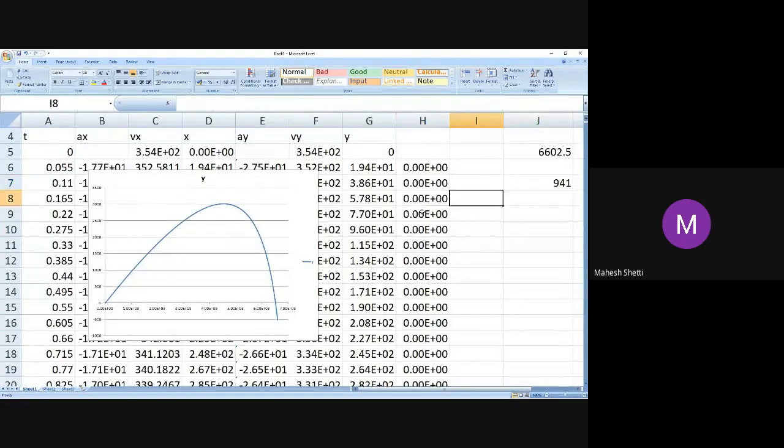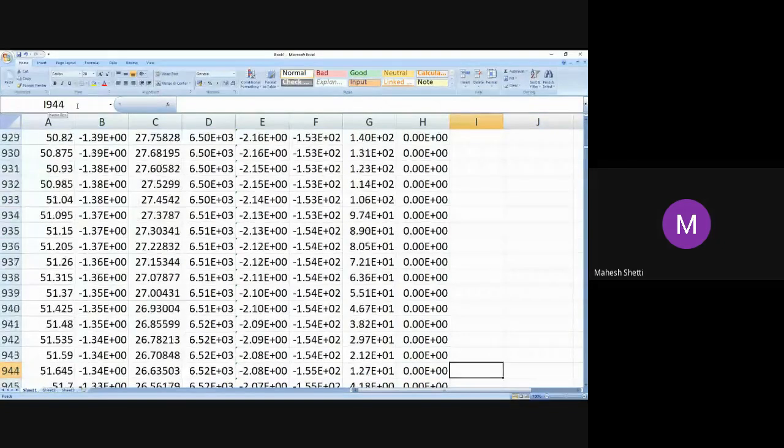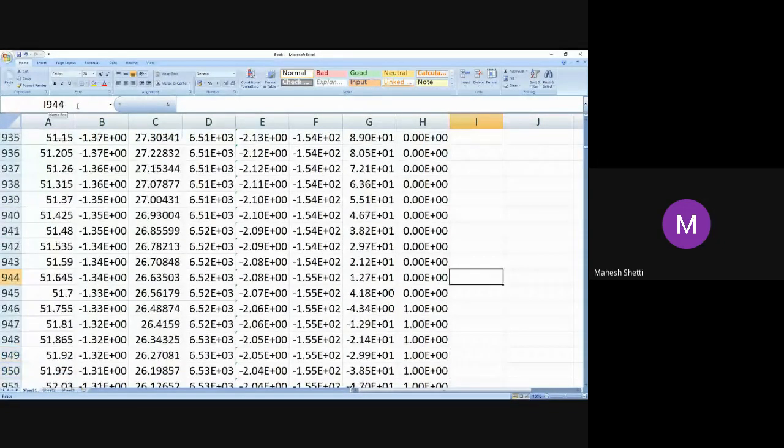So you can check then. We go to the 941st value. I'm starting with row 5. So at 946, I'm getting 1. So here you can do that.